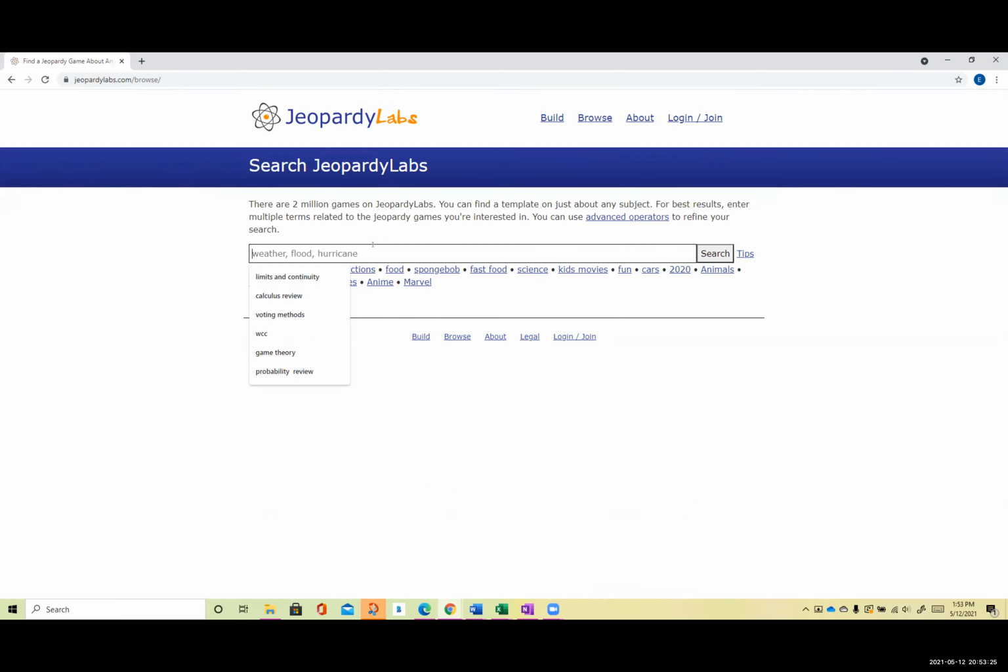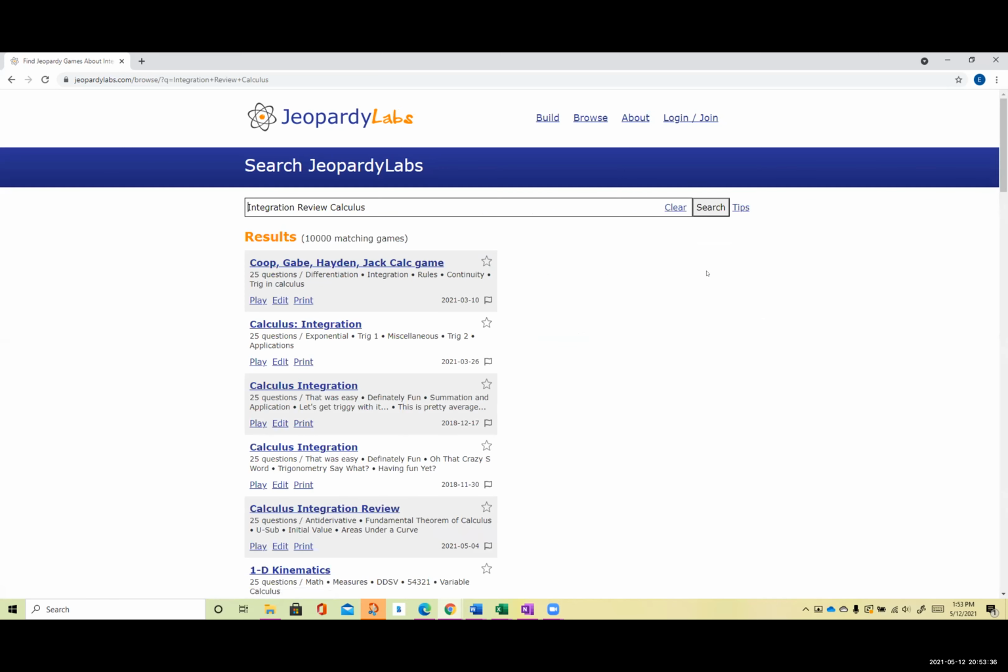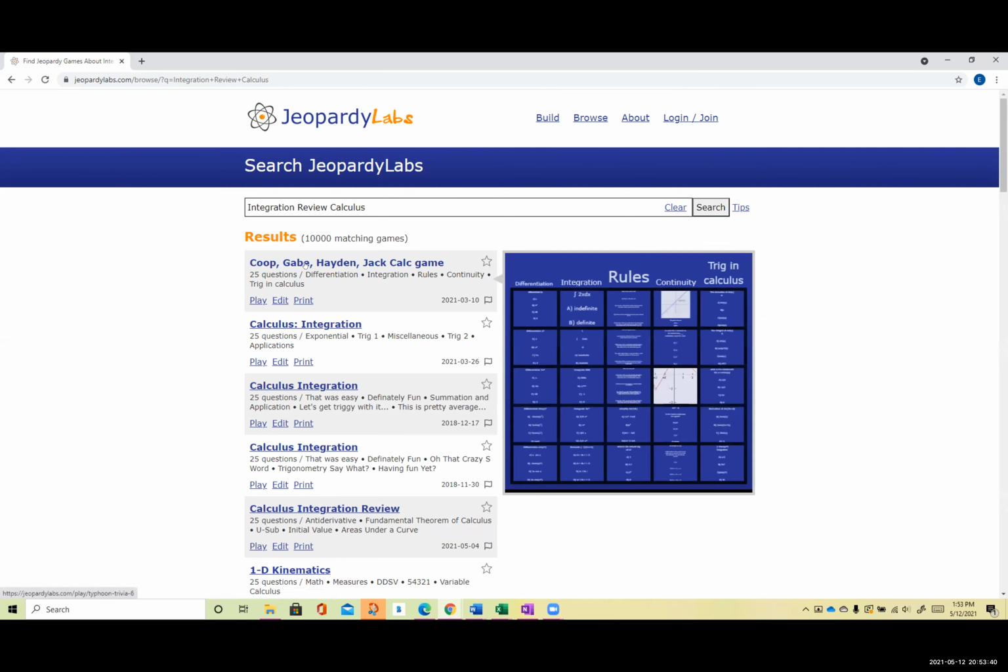So if I come in here and I had just done integration review for calculus, that pulls up lots and lots of different ones. And the cool thing is that you can highlight over the piece and see what's going to be in that game without clicking on it and having to review it.